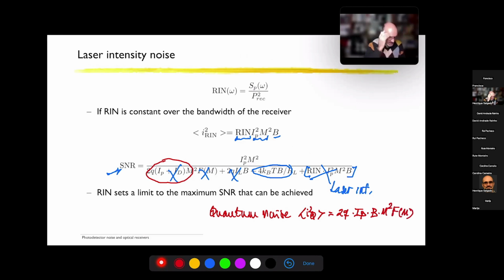And so you see that the quantum noise depends on the signal power as well, or the optical power at the receiver. And so if the optical power is very small, then the quantum noise will be small. But as we increase the optical power, the quantum noise also starts to increase proportionally.